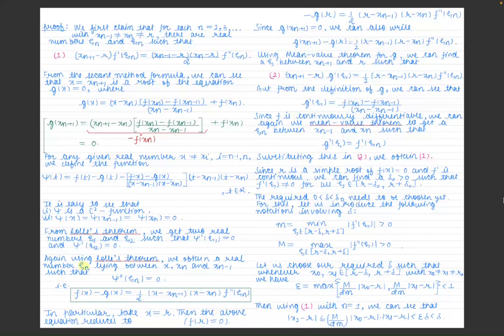Then using 1 with n equal to 1, we can see that the modulus of x2 minus r is less than or equal to M by 2m times modulus of x0 minus r times modulus of x1 minus r, which is less than epsilon delta, less than delta.